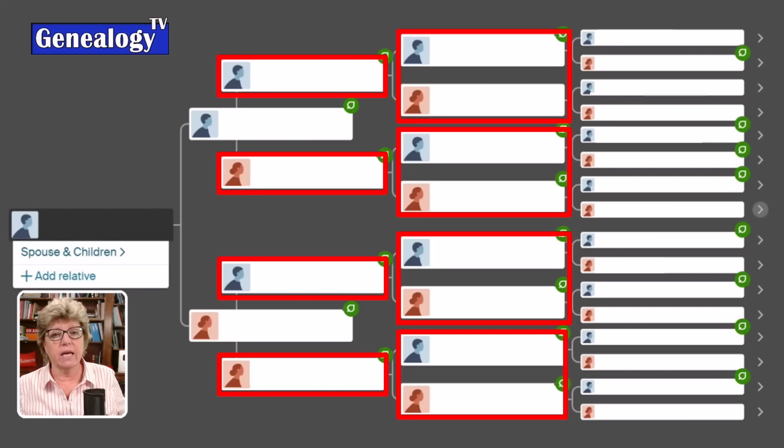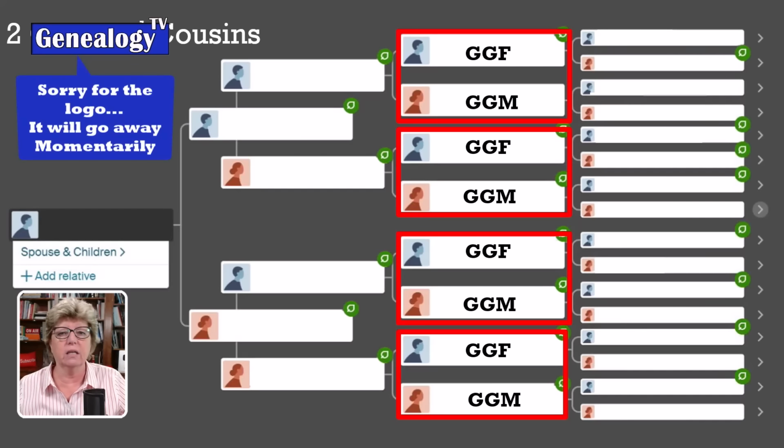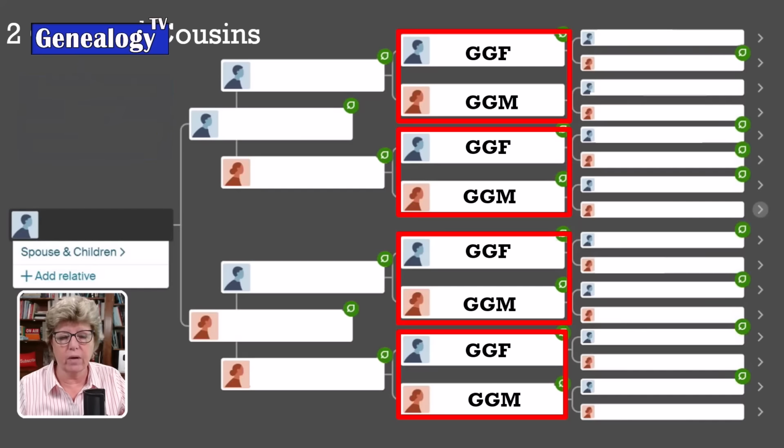And the reason I say that is because using the great-grandparents as an ancestral couple, those are going to be the common ancestors often for your second cousins. When we're trying to find specific information about our grandparents and our great-grandparents, we're using second cousins as tools, as hints, as clues.